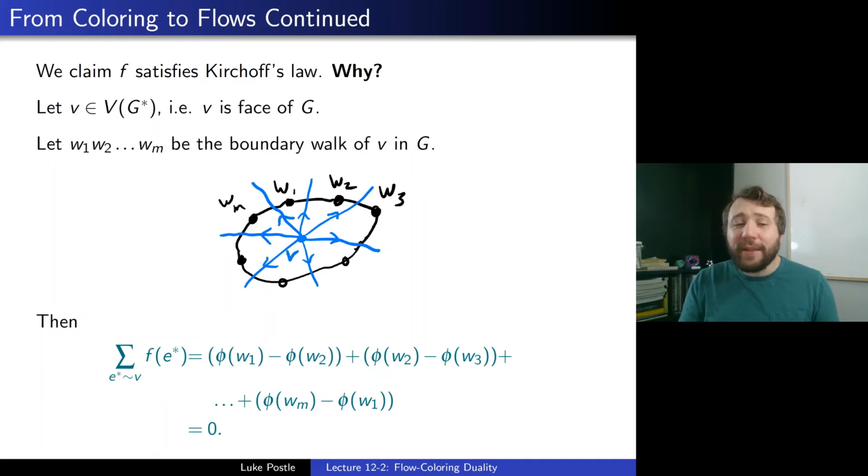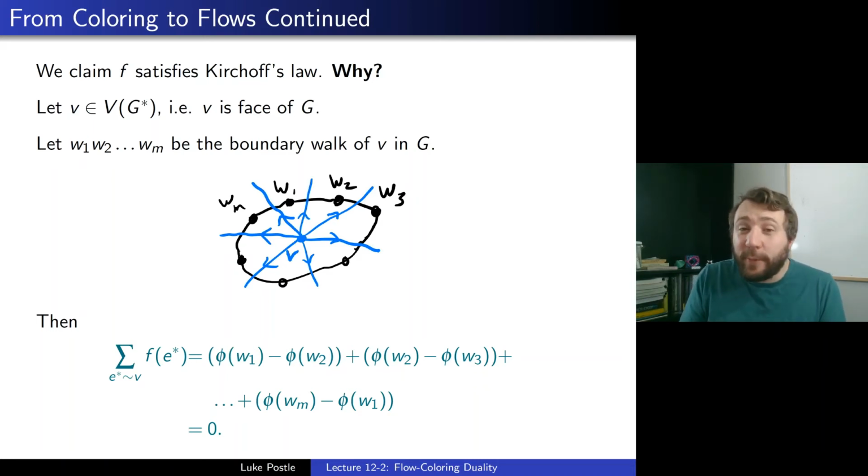So let's sum up the f of E stars, again thinking of them as directed out of v. That first edge has W1 on the left as viewed from v, so it'd be phi of W1 minus phi of W2. The next one is phi of W2 minus phi of W3, and so on as you go around until you get a last edge where Wm is on the left, so it's phi of Wm minus phi of W1. And if you stare at that sum, everything will cancel out and you'll get 0.